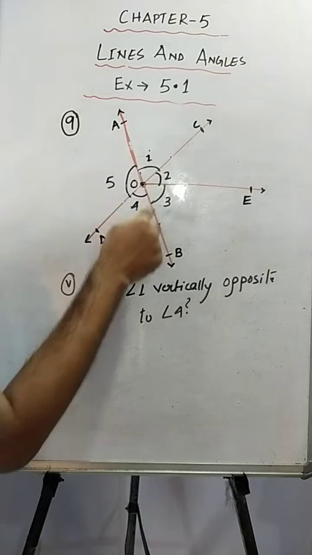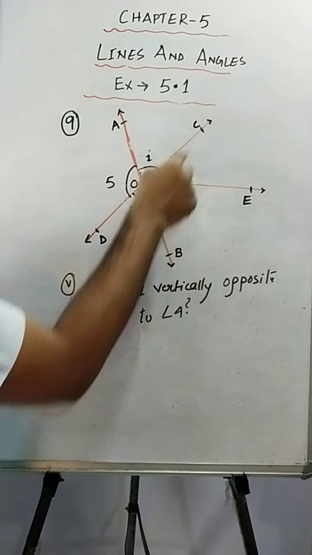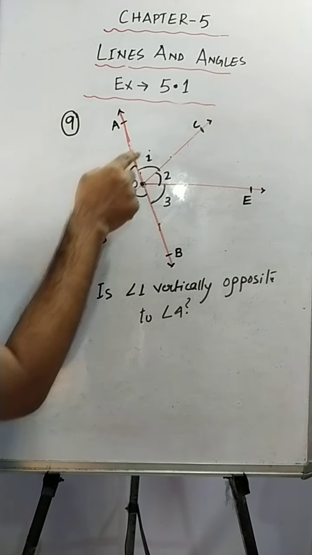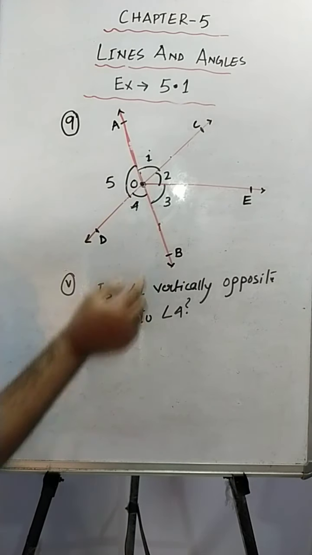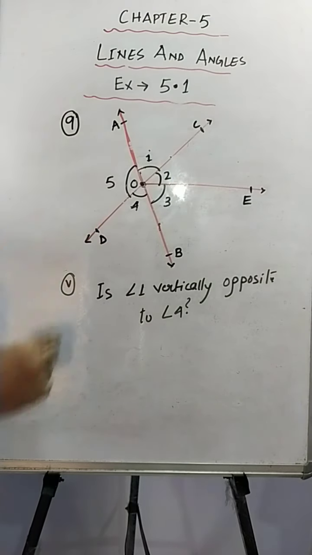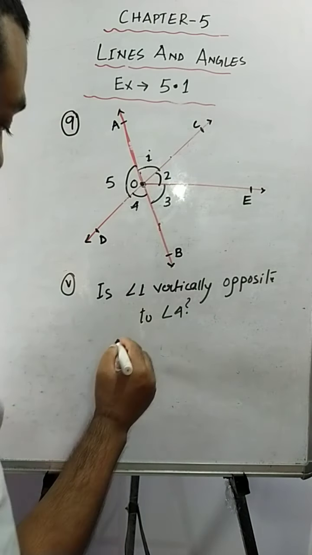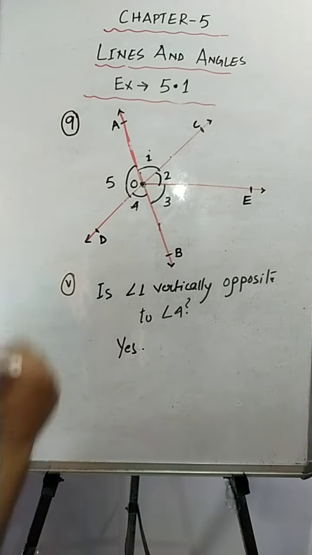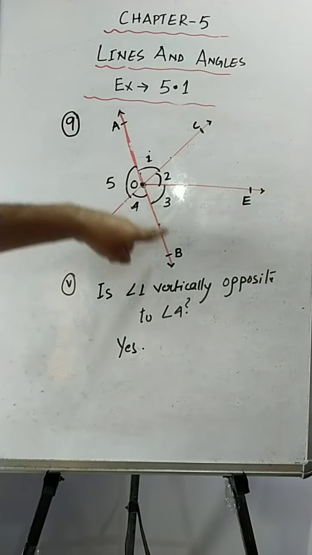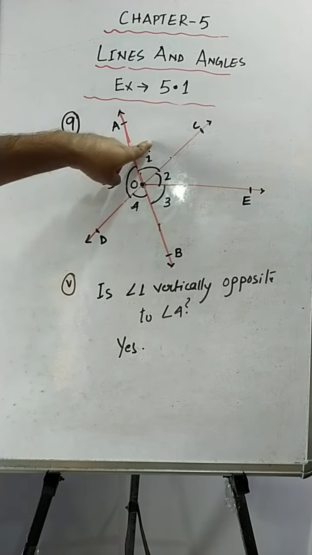Carefully observe, this line and this line are intersecting. So these two angles would be vertically opposite. These two angles are angle 1 and angle 4. So angle 1 and angle 4 are vertically opposite to each other. So we'll write yes, because these are the two intersecting lines and these are the two opposite angles.